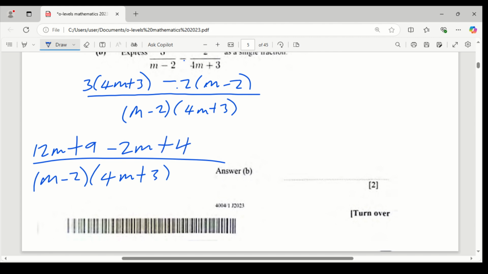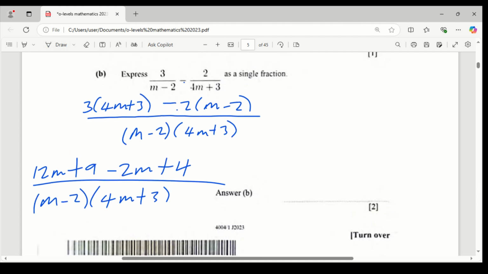Now you keep the denominator the same, so we maintain our denominator there, which is (m - 2)(4m + 3).